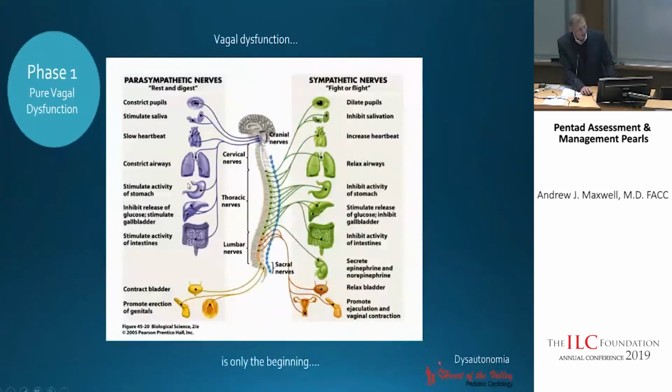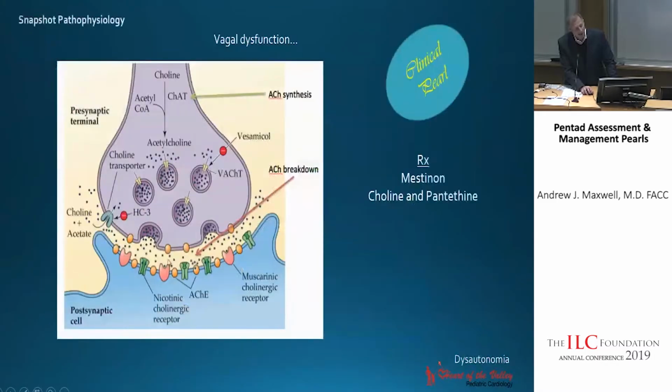And I mentioned how it's usually the parasympathetics that are dysfunctional, particularly the vagus nerve, and that usually the sympathetics have to try to compensate. The nerve terminus of the vagus secretes acetylcholine, and this is oftentimes the issue with patients with dysautonomia.